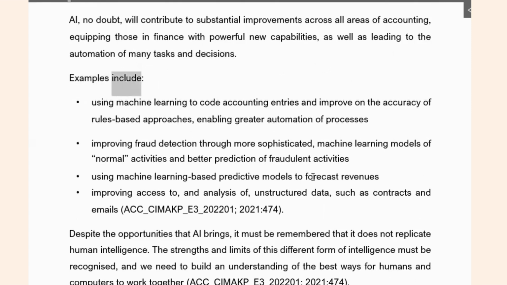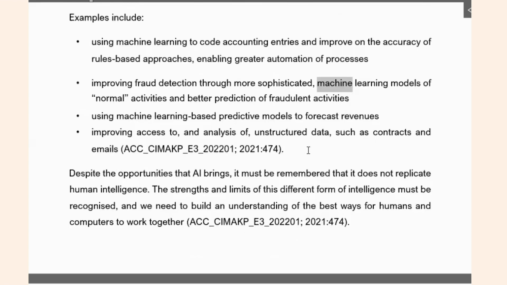Examples include using machine learning to code accounting entries and improve on the accuracy of rules-based approaches, enabling greater automation of processes. Improving fraud detection through more sophisticated, machine learning models of normal activities and better prediction of fraudulent activities.